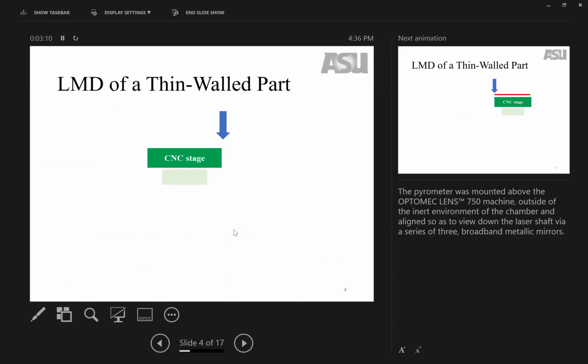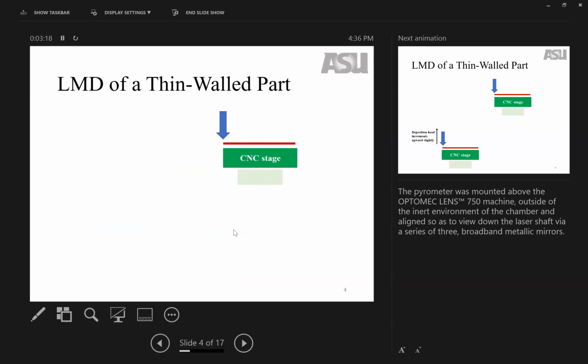This is a simple animation I made to demonstrate the LMD process of a thin-walled part. Initially, the CNC stage starts and moves relative to the laser deposition head, like this one. The laser deposition head injects the material powder onto the CNC stage and finishes one layer in this way.